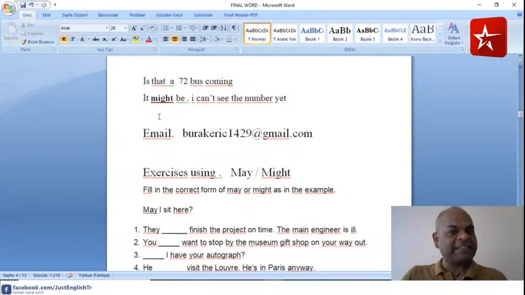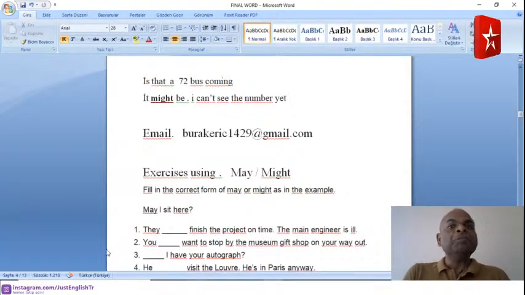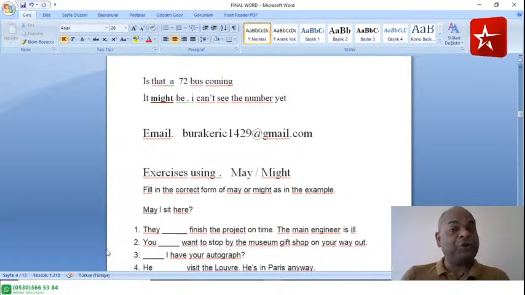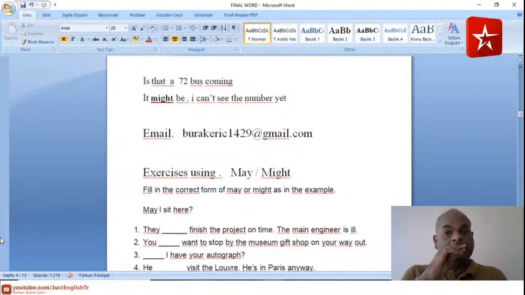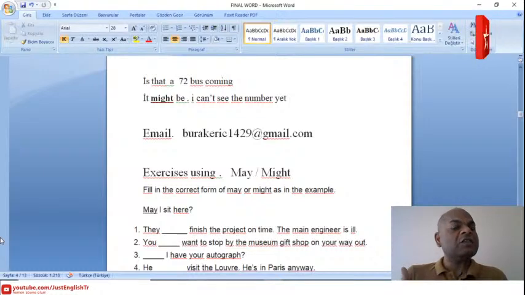So guys, read that. It might be, I can't see the number yet. So it means I was not able to see the bus number, and the person standing next to me was not able to see yet what's the bus number. So the person said it might be, like not sure. Now that's called it might be.